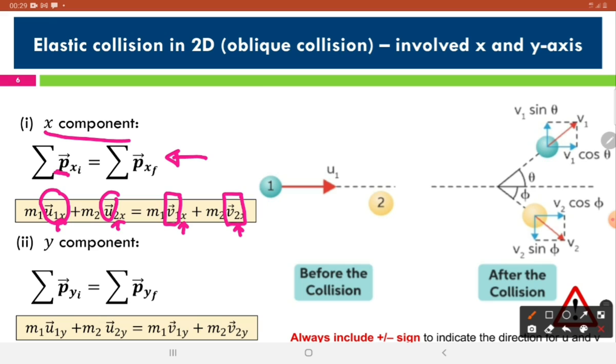Same goes to momentum along y, so we need to put the subscript y for u and v.